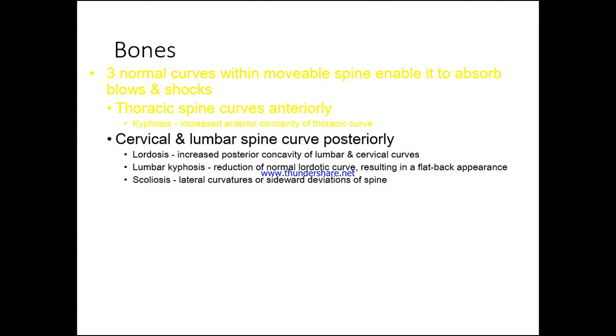The cervical and lumbar spine curve posteriorly. As we discussed previously, lordosis is the increased posterior concavity of the lumbar and cervical curves, while lumbar kyphosis is the reduction of normal lordotic curvature, which results in a flat back appearance.